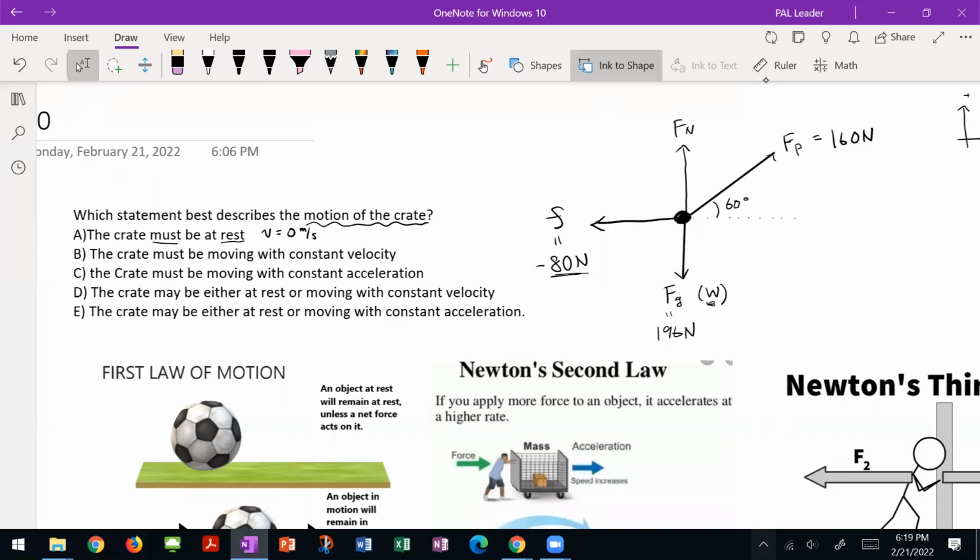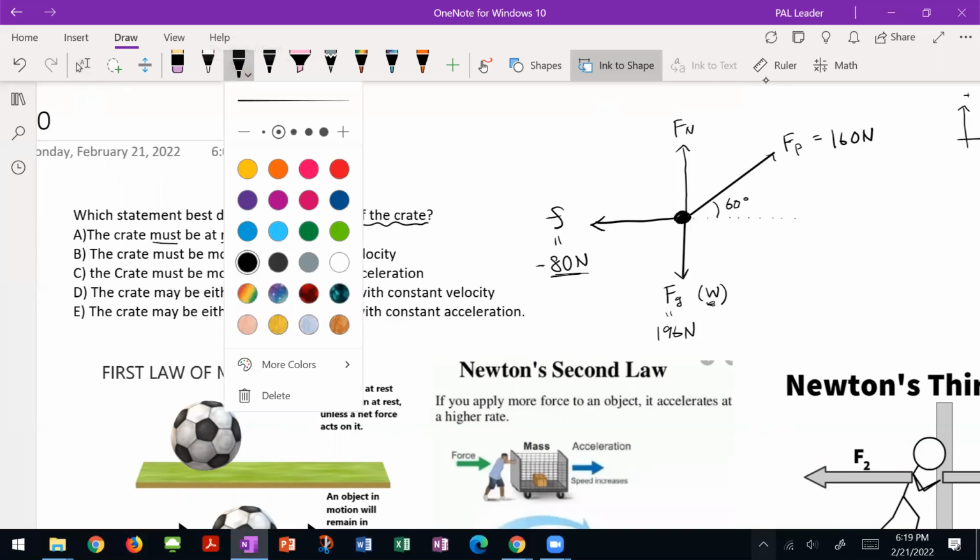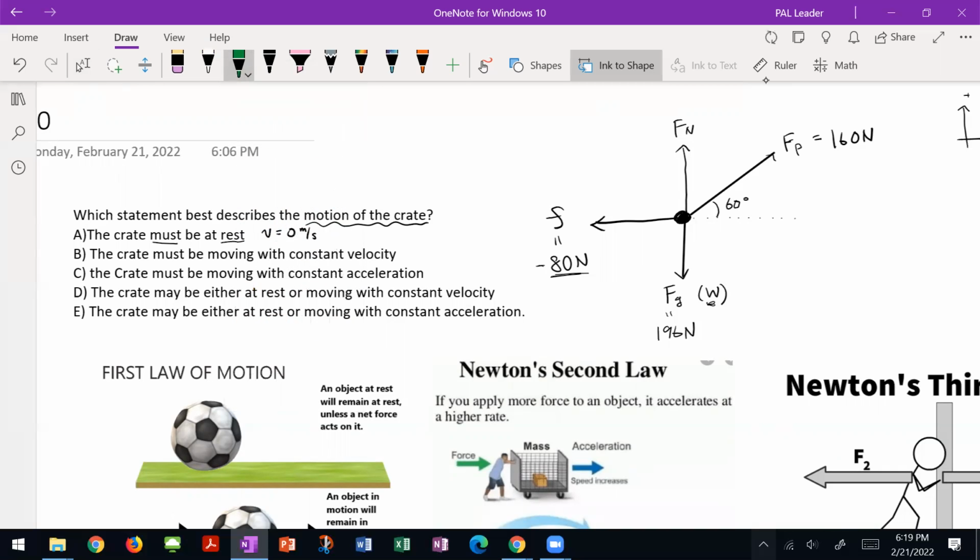Well, the things they did give us were the forces. And now, before I move on, I want to talk to you a little bit more about these forces. Usually when we see forces, we always want to have them in the vertical component and the horizontal component. We do not like anything diagonal at an angle.